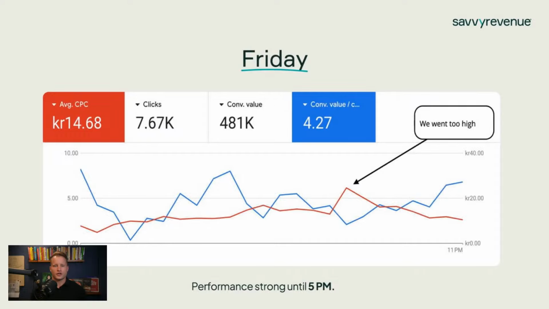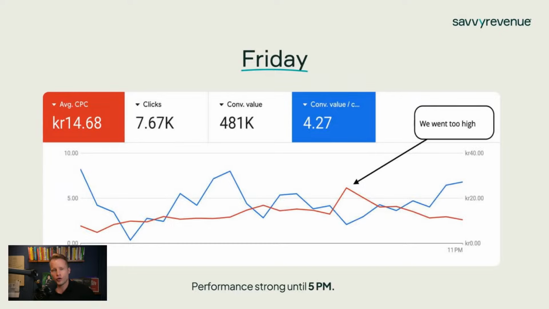So here's another example on Black Friday, actually from before, where I show you where we messed it up. You can see we're going really well in the beginning of the day. We're having strong ROAS, and then we're increasing CPCs, and we're starting to notice we're not getting enough.